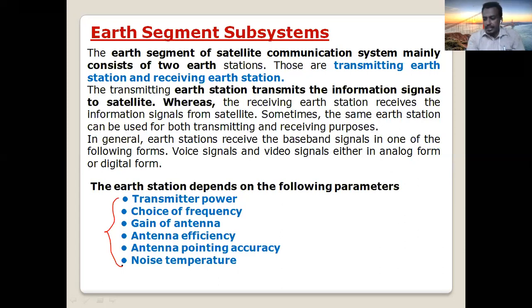Here we'll discuss the general configuration, but when you design an Earth station specifically for fixed satellite service or broadcast satellite service, you have to consider all the parameters listed here.